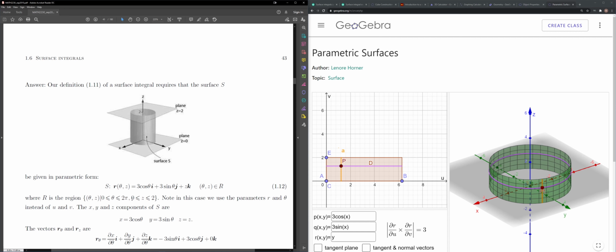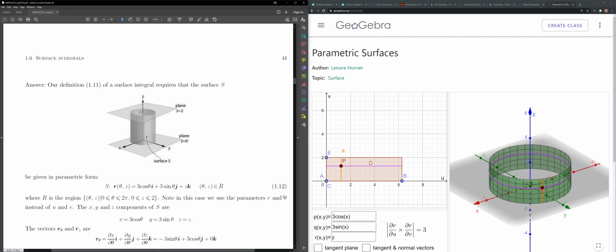So these are your parameter values, and this is your region R, this pinkish region over here. Here they call the parameters u and v, but for our notation, u is theta and v is z.